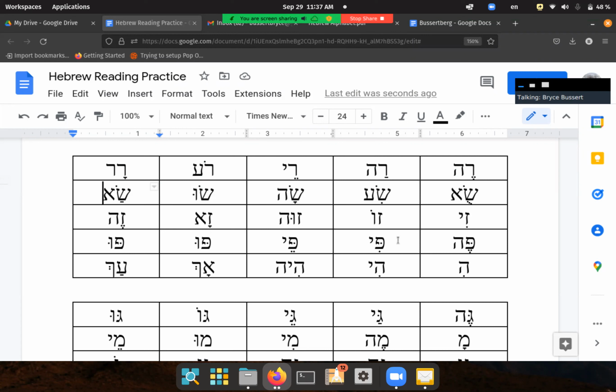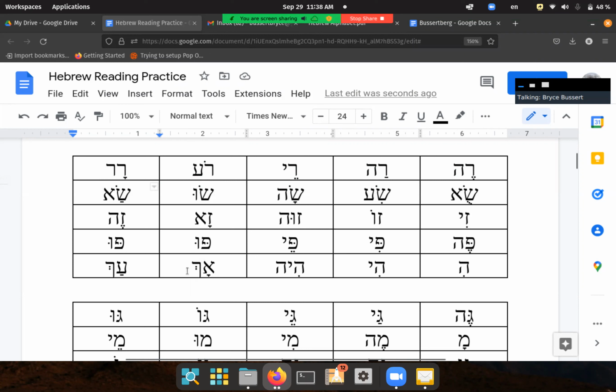Then followed by P, pay, and poo, he, ah. Okay. So we've got he. You could follow all that. And then this here is aleph with kamet, so it's ah. And then this is the final kaf.